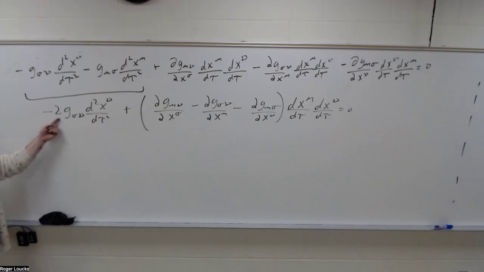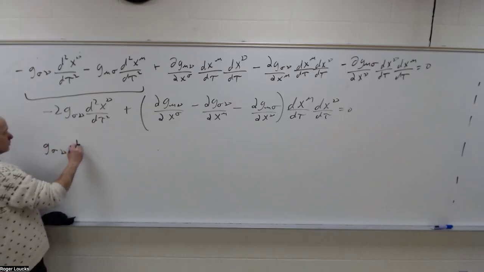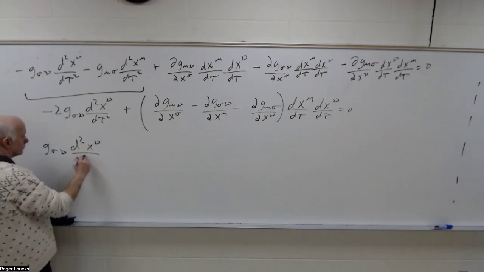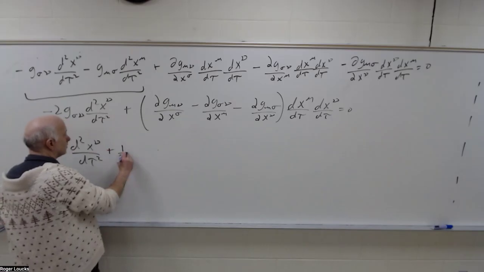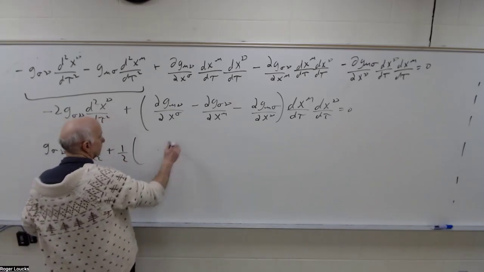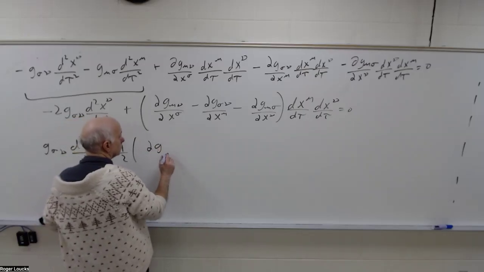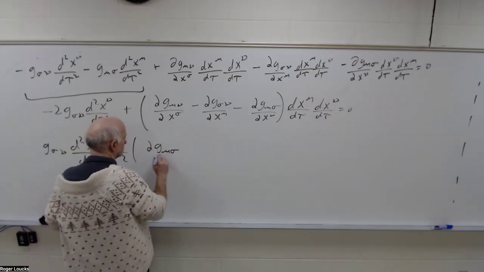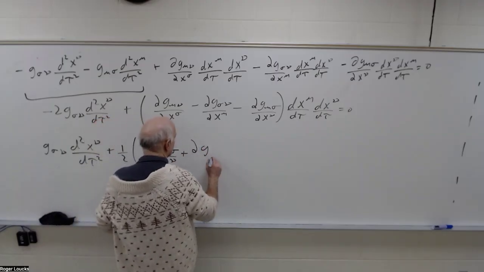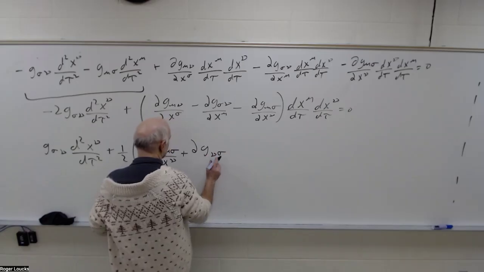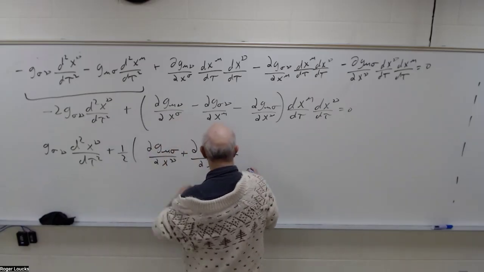And divide through by this minus 2 here. So I'm gonna distribute for the minus side. So these are going to be positive. It's going to be negative.